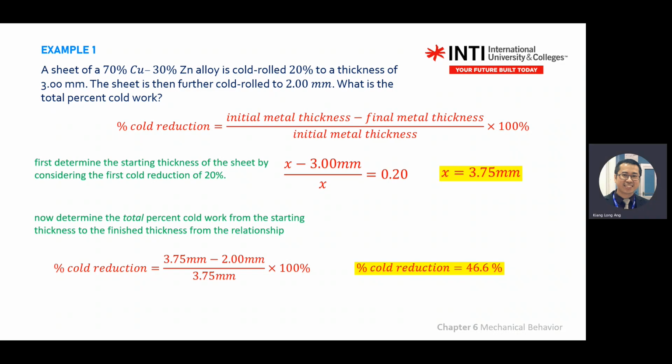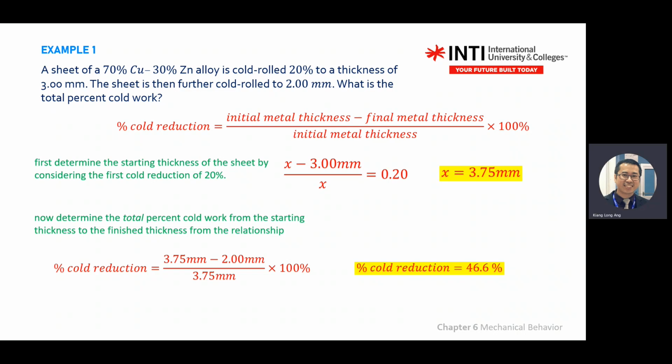Unless the question asks you for a few stations, let's say this is station 1, station 2, station 3. It might ask you how many percent of cold reduction here, and here. Then it might ask you from here to here, how much total cold reduction. Look carefully at the question.